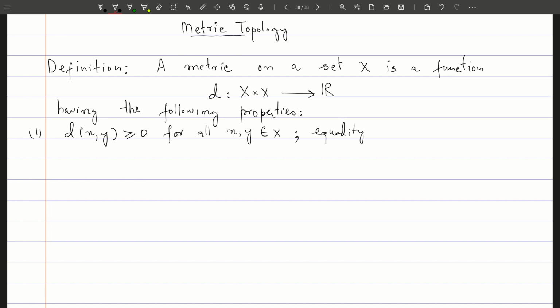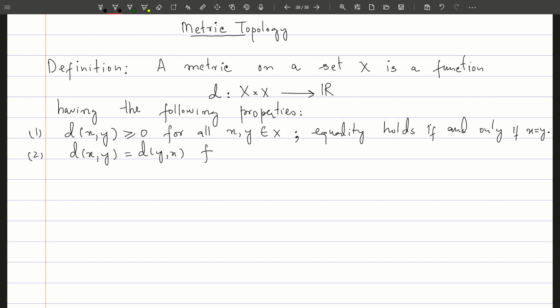Equality holds if and only if x is equal to y. The second condition is of symmetry, that is d of xy is the same as d of yx.